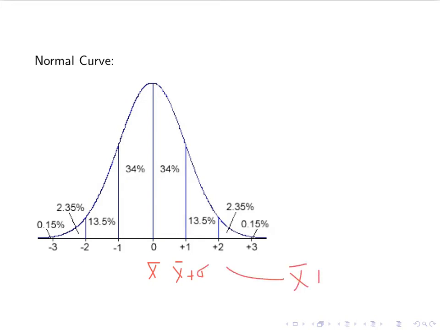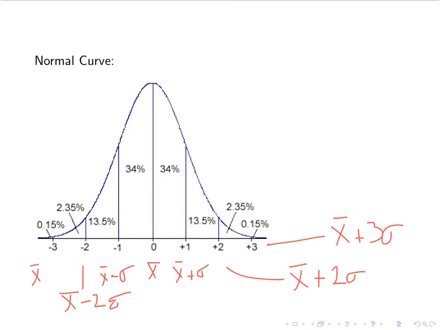Plus 2 means I'm taking the mean and adding 2 standard deviations. Plus 3 means I'm adding 3 standard deviations. And then to the other side, it means I'm subtracting. Okay, so these numbers are just telling me how many standard deviations I'm subtracting.